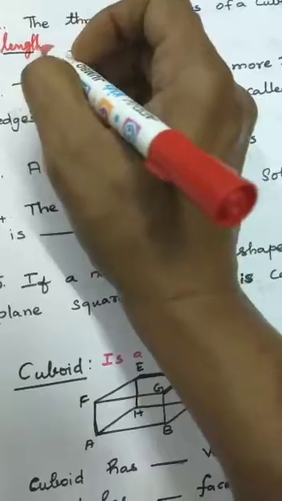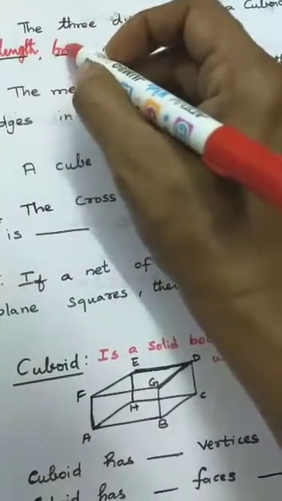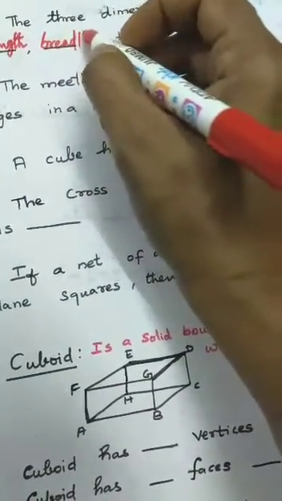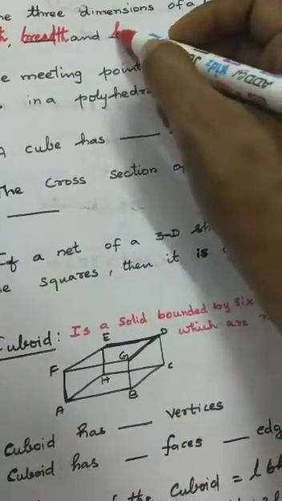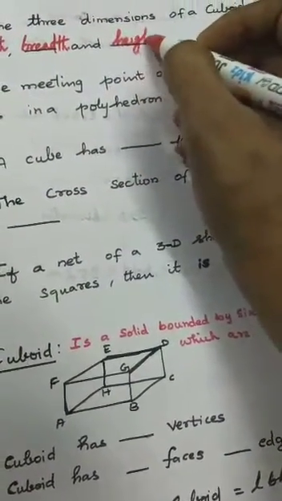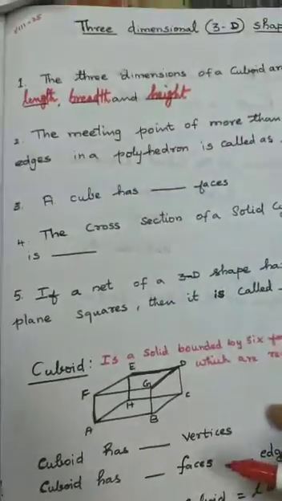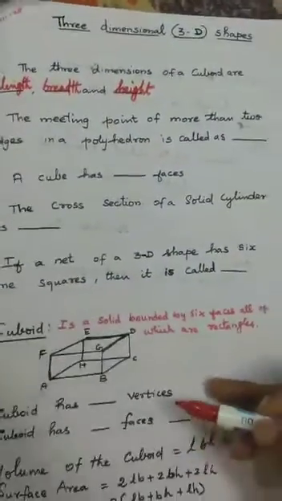Length, breadth and height. These are the 3 dimensions of the cuboid.